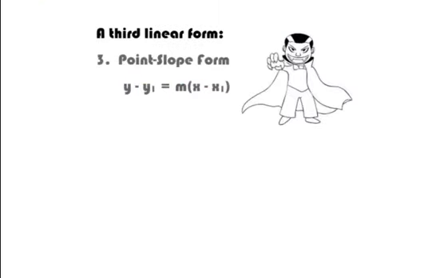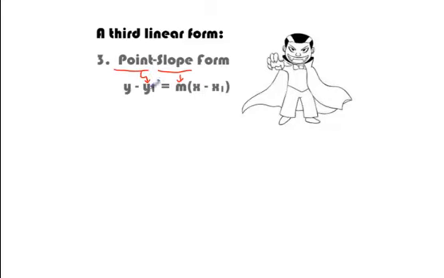It is probably the least commonly remembered, but it's a pretty useful form, point-slope form, and as the name would indicate, the information you know is going to be a point and the slope. Now the slope should be pretty easy to identify. It's the same letter as it was in slope-intercept form. So the slope is m, but the point is, well, here's the y-coordinate of that point.